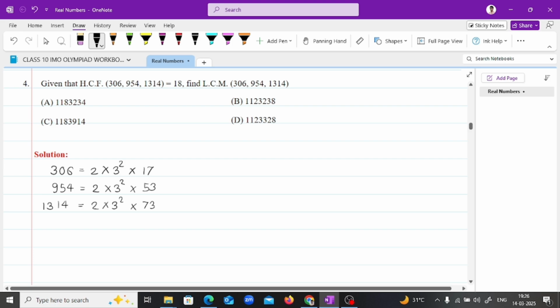Okay, so now in order to find the LCM of three numbers, we need to use the formula for finding the LCM of three numbers. If we have three numbers A, B, C, then the LCM, that is least common multiple of the three numbers A, B and C, is given by the following formula.